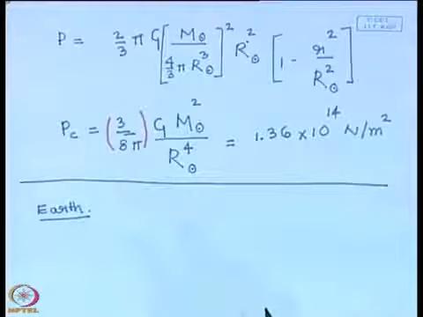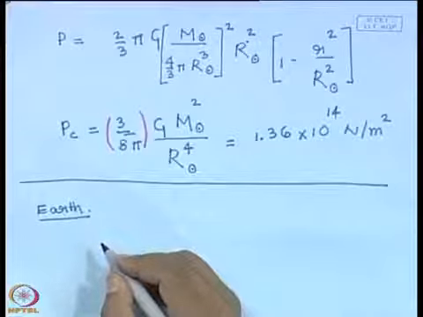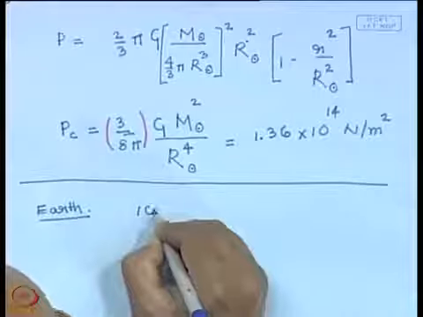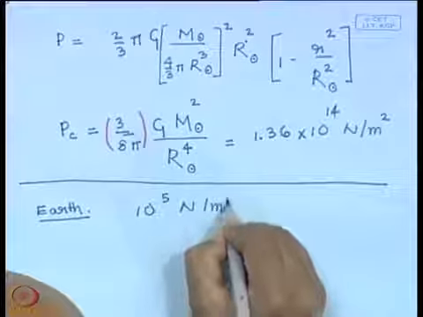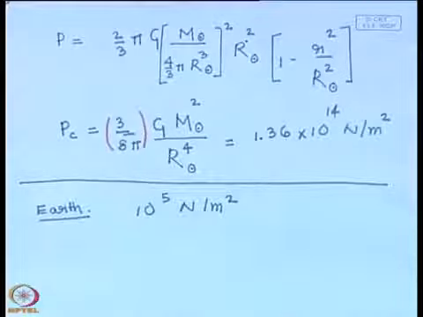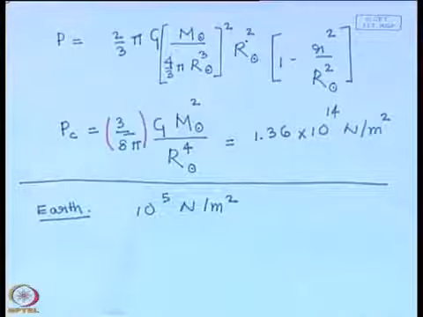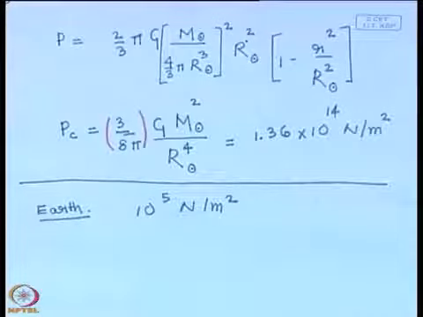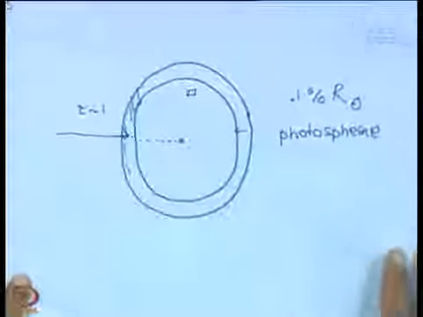So, we can calculate the pressure at the surface of the Earth, and the value comes out to be of the order of 10 to the power 5 newtons per meter squared. That is the pressure on the surface of the Earth. So, you see it is considerably larger, many orders of magnitude larger than the pressure at the surface of the Earth. Okay, it is enormous pressure that you have at the center of the sun.